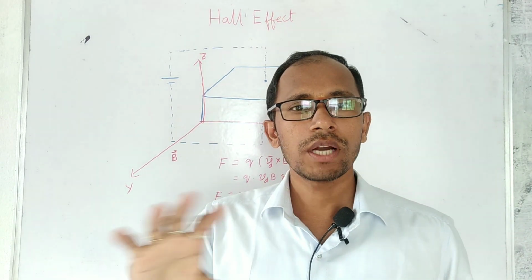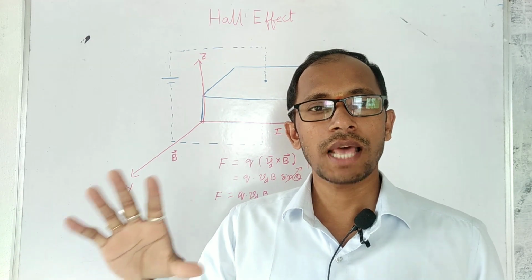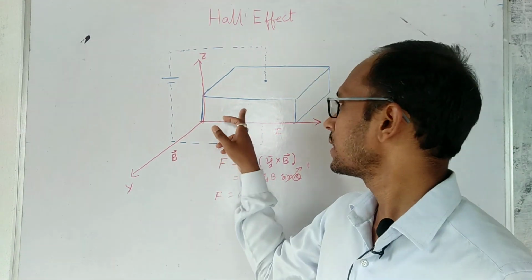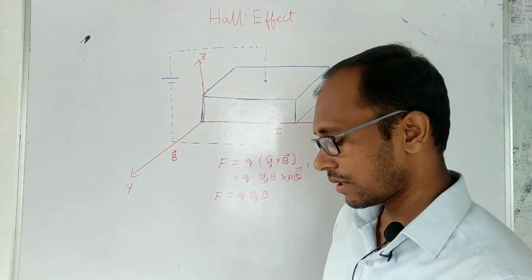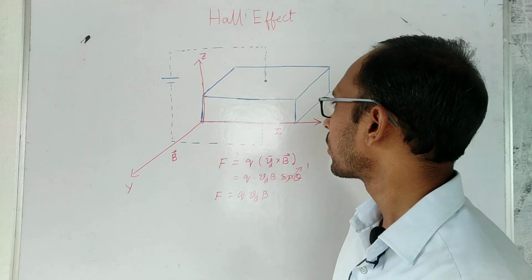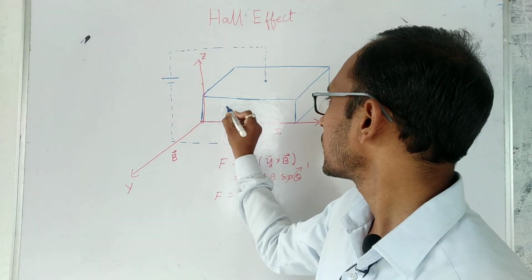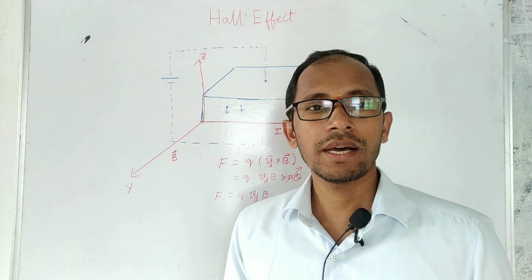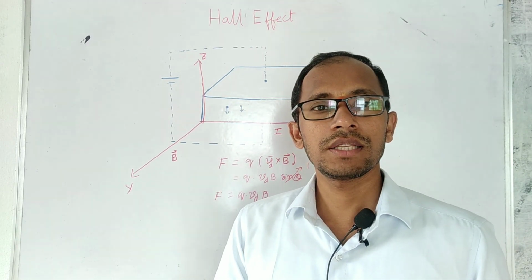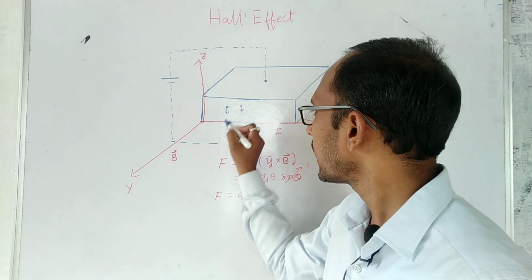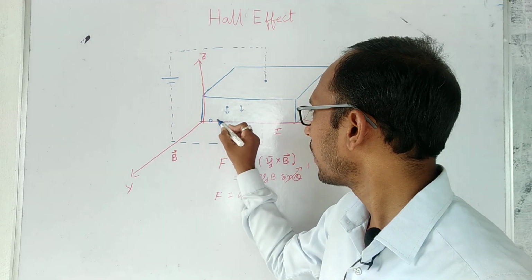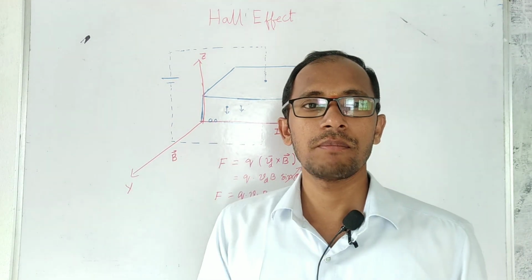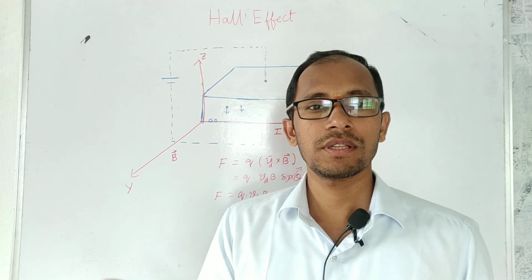That means the electrons in the material, in the case of a conductor, are pulled towards the downward direction. Because of the force acting on the charge carriers, all the electrons accumulate on the bottom surface of the sample.